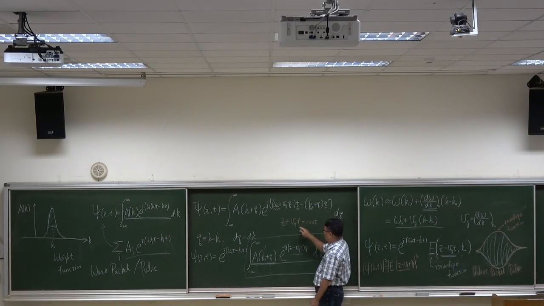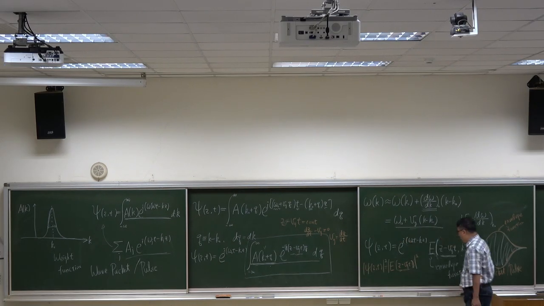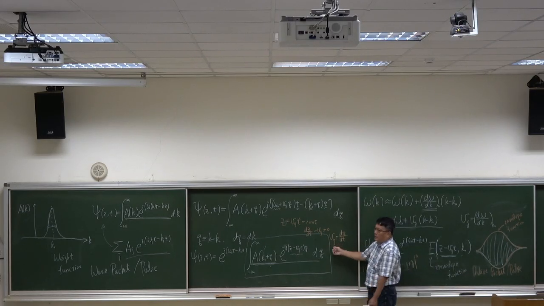So if I differentiate this, I get dz over dt minus vg equal to 0, which means vg is equal to dz over dt. So this means that the center of this wave packet moves with the velocity of vg.